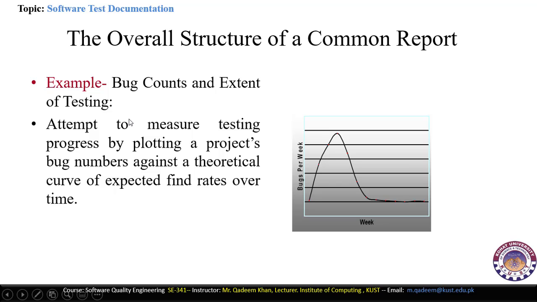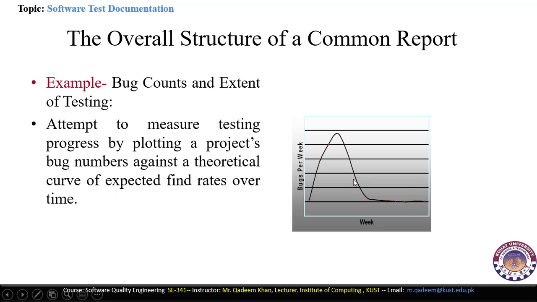Now, the overall structure of the common report is in fact a graphical representation of the bugs per week with respect to the weeks. For example, the number of bugs reported per week and the number of weeks going on. This can be generated in a graph here.